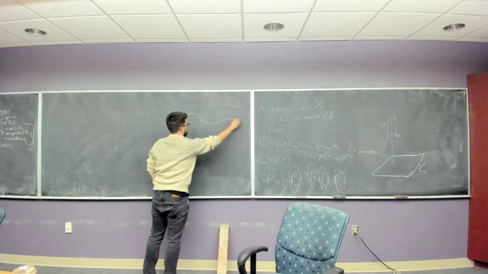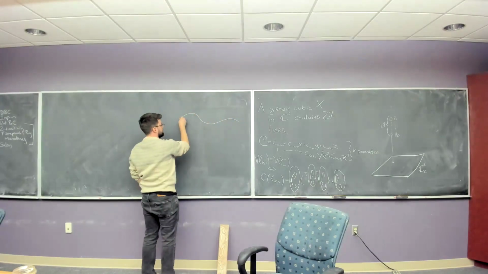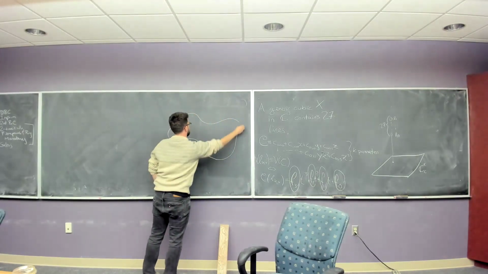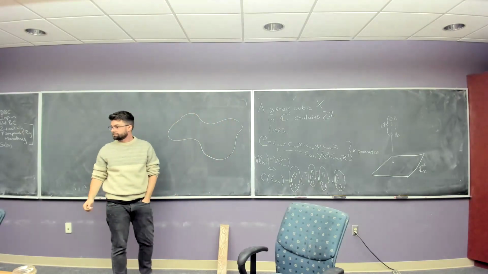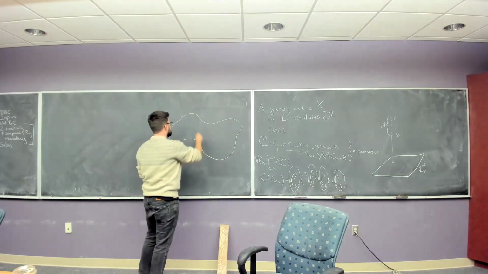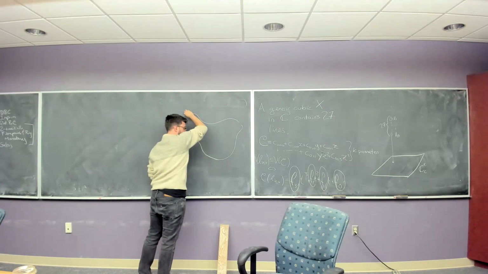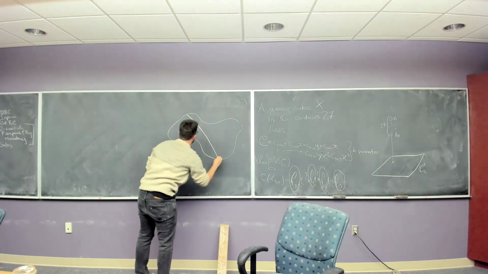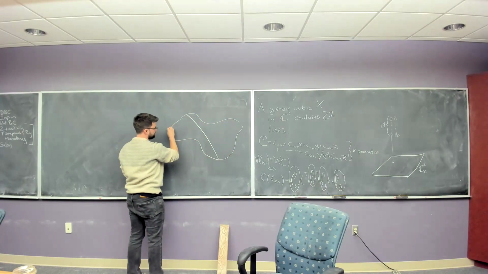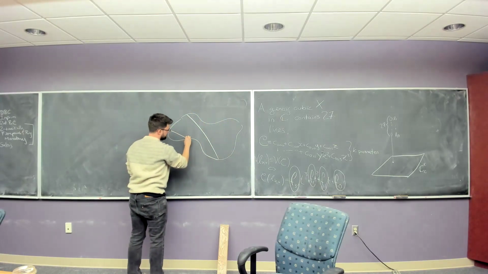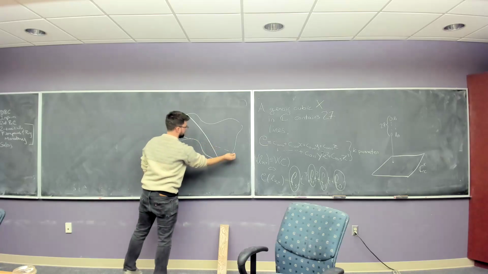Okay, so I have some cubic here. I'm very bad at drawing cubics, I apologize. That's a cubic. And I have some lines. So these are lines on a surface. So it's possible that they don't intersect.